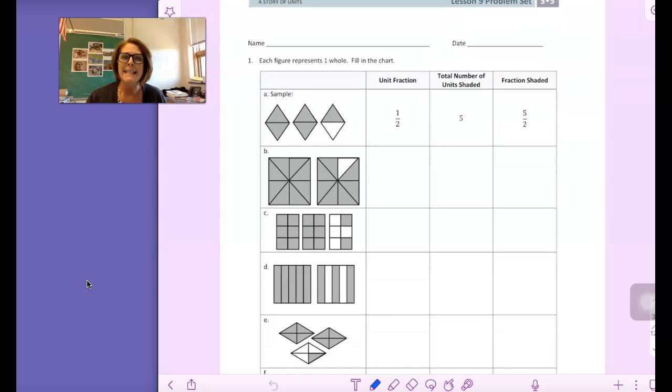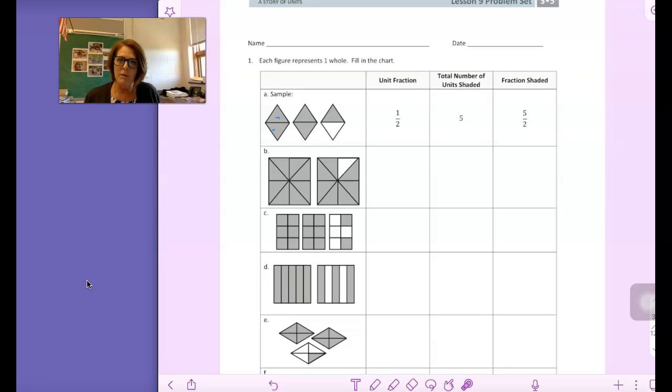And it says each figure represents one whole, so if it's all shaded, that's one whole, and we're going to fill in the chart. So we need to first do the unit fraction. So up here, the unit fraction is 1/2, because unit is always 1, and then the denominator is how many equal parts there are in the shape.